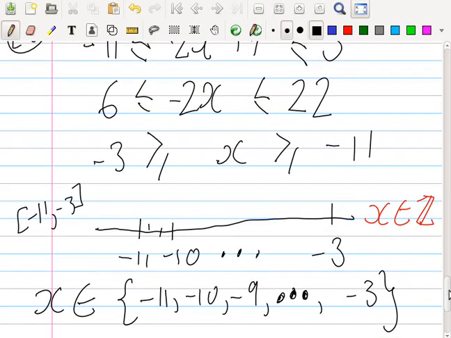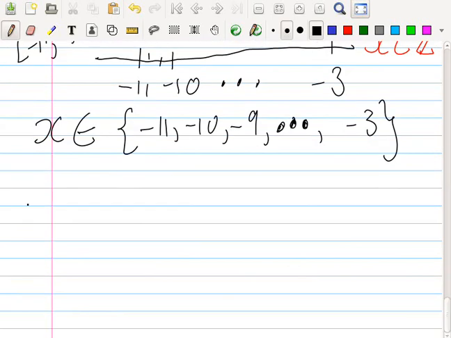Okay, next example. So far we've done linear. Let's have a look at quadratic.